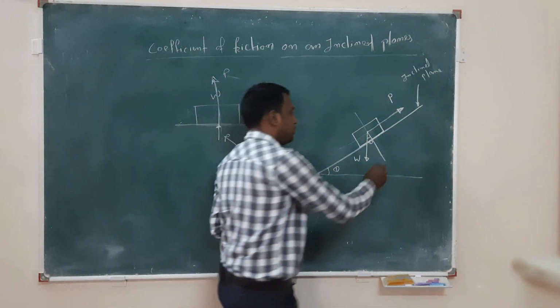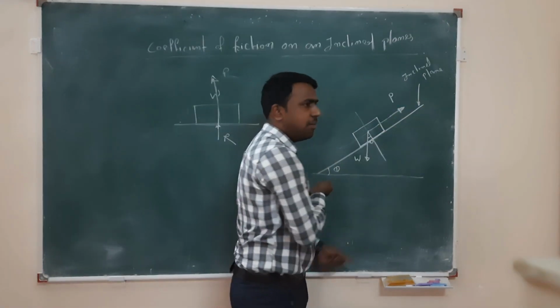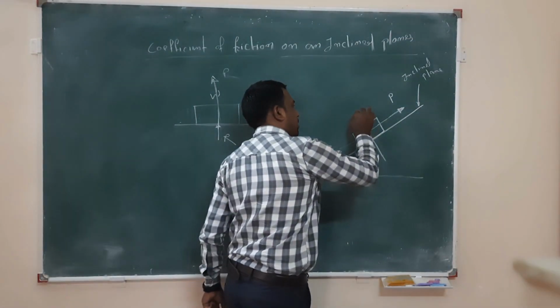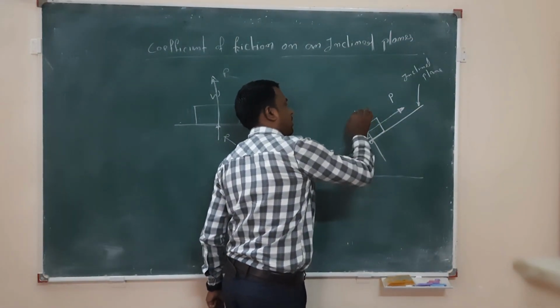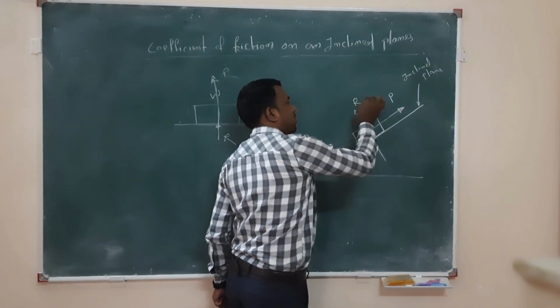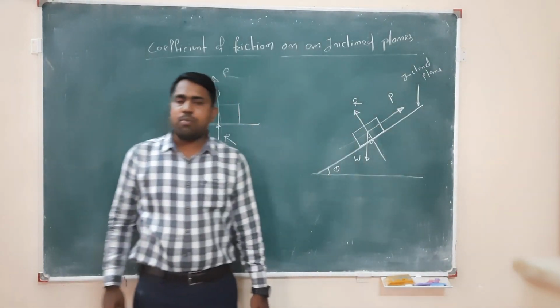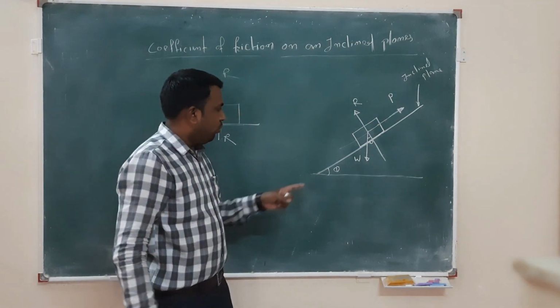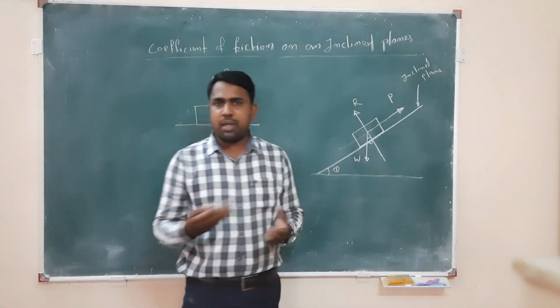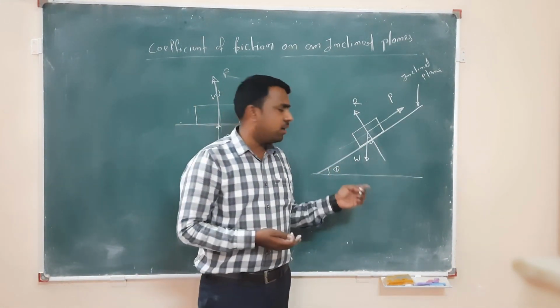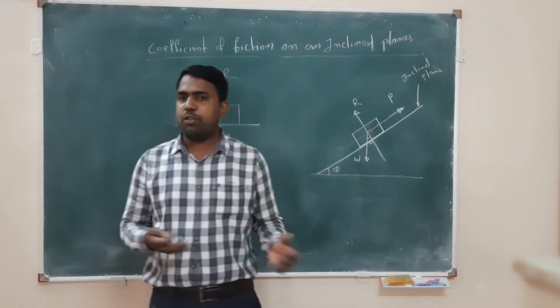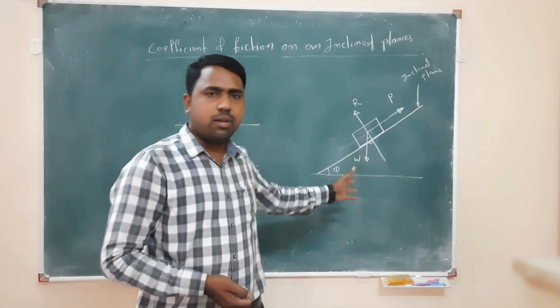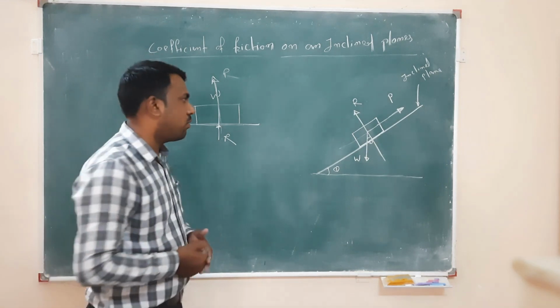So this is R, the normal reaction given by the inclined plane. In some books you read that W is given as mg, mass into gravity. Here we are directly considering the weight of the box.